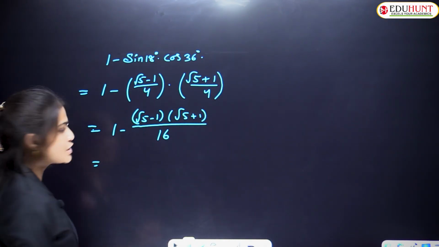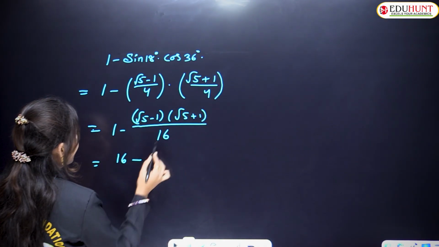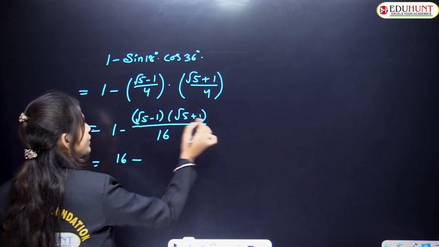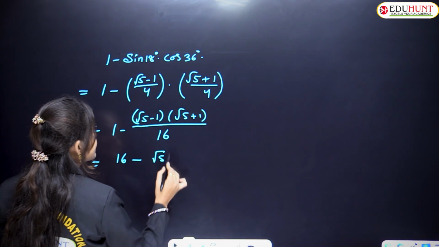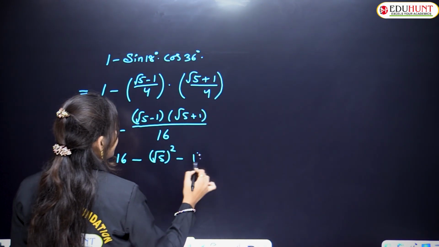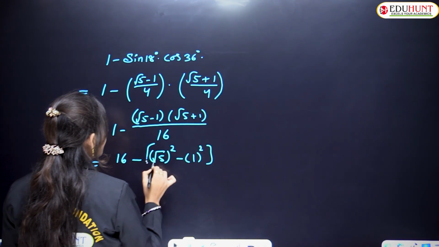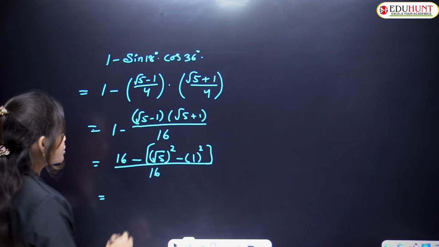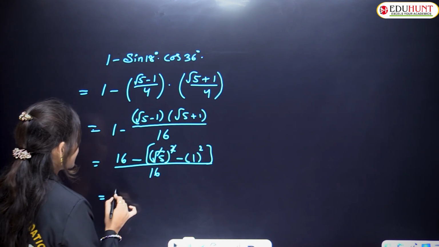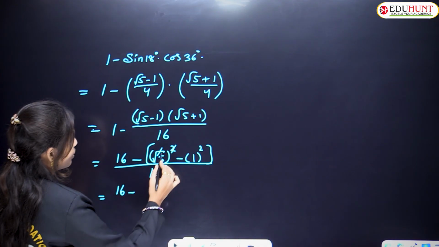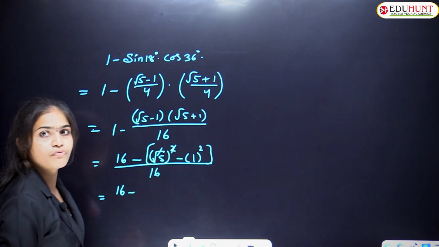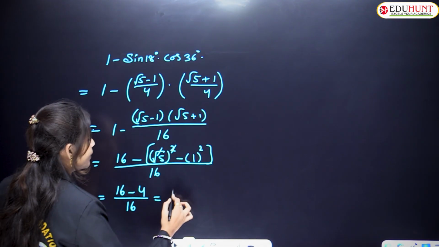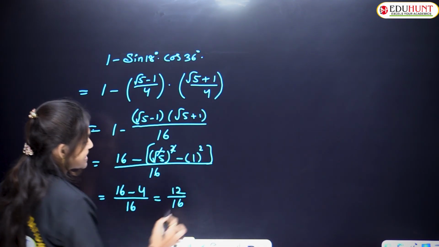So which is equals to 16 minus a minus b into a plus b, so a square minus b square, whole by 16. Here square and root get cancelled. So 16 minus of 5 minus 1 is 4. So 16 minus 4 by 16, which is equals to 12 by 16.